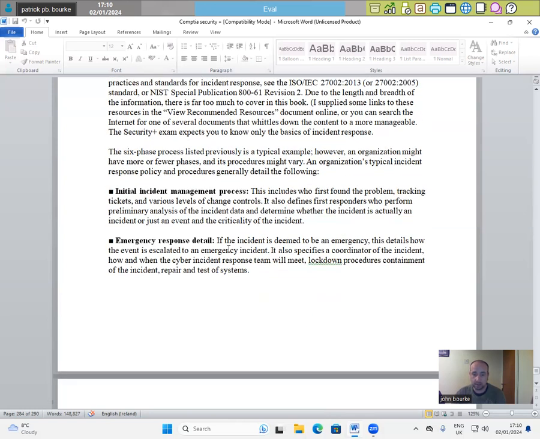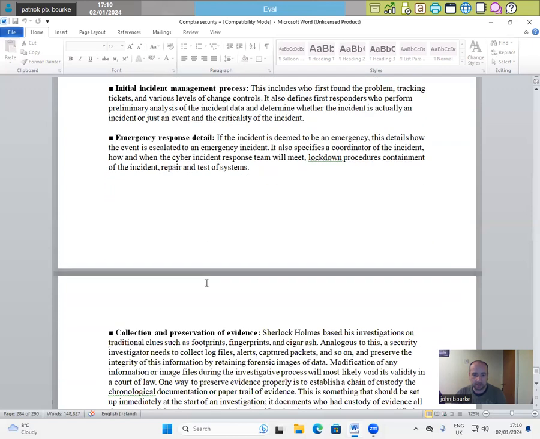Emergency response details if the incident is deemed to be an emergency. This details how the event is escalated to an emergency incident. It also specifies a coordinator of the incident, how and when the cyber incident response team will meet, lockdown procedures, containment of the incident, repair and test of the systems.